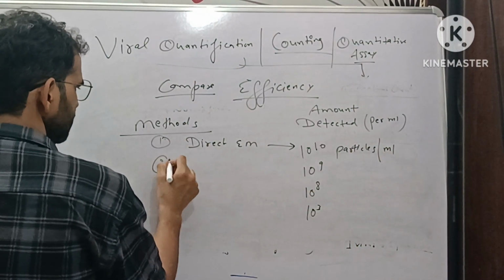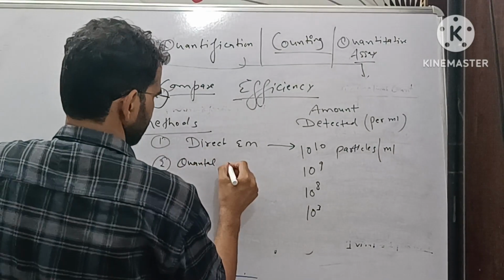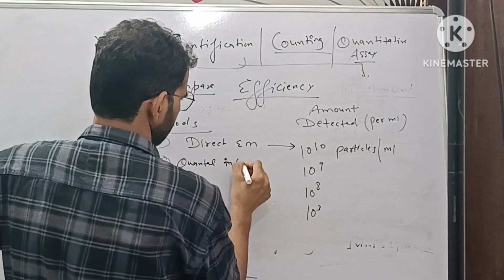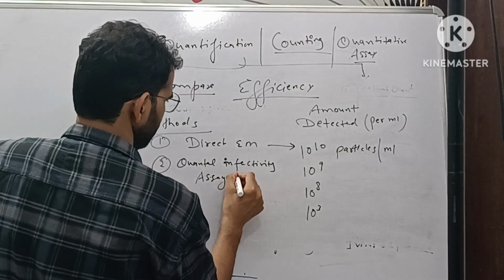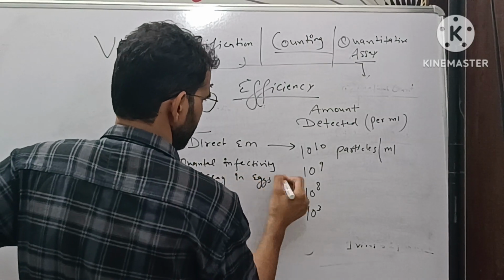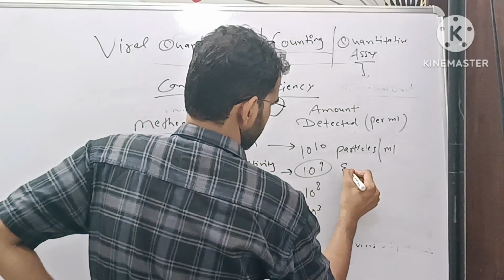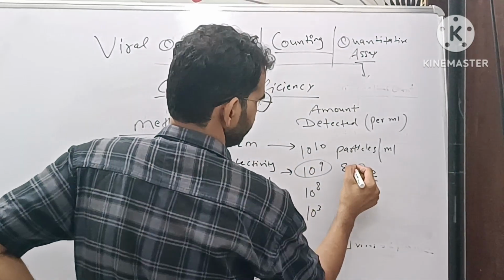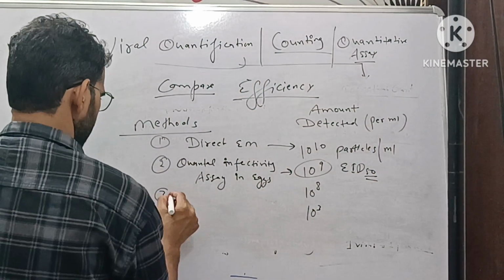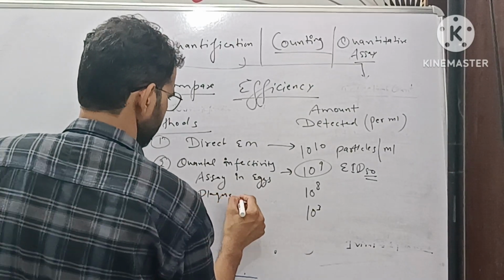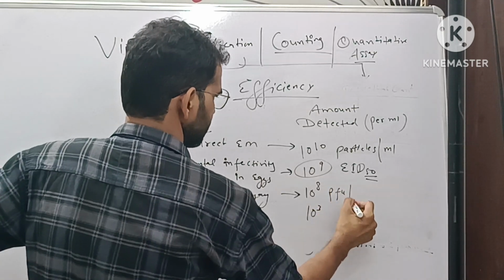Then number 2, quantal infectivity assay in eggs, that is 10 to the power 9 EID50, egg infectious dose 50%. Number 3 is the plaque assay, 10 to the power 8 plaque forming units per ml.